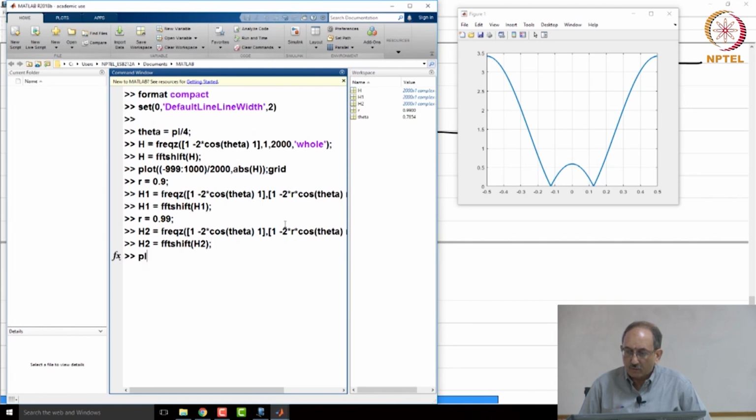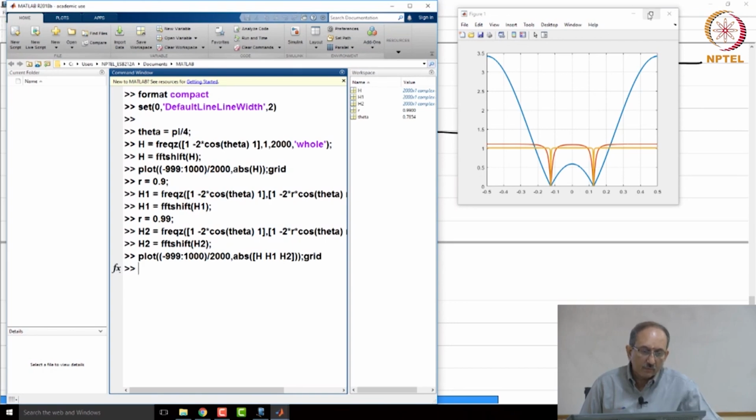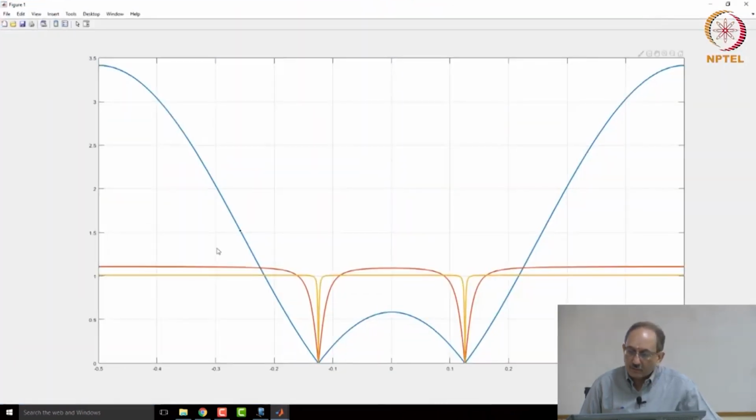Now let me plot all three. This is what you have already seen. On top of that, I will also plot H1 and H2, and remember H1 is 0.9, H2 is 0.99. The red one is 0.9 and the orange is 0.99.